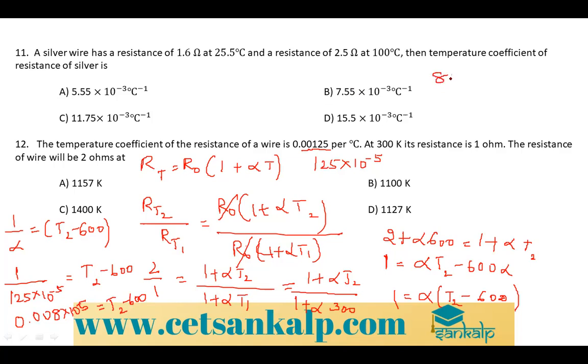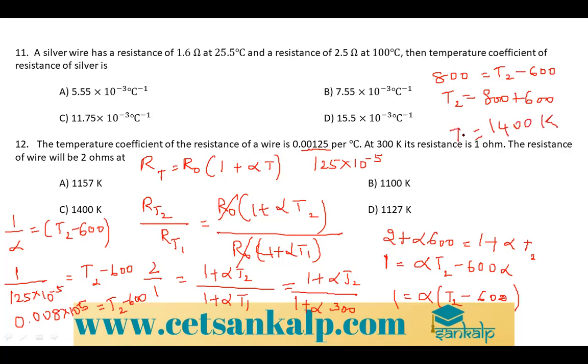So 800 is equal to T2 minus 600. So T2 is equal to 800 plus 600, so it becomes 1400 Kelvin.